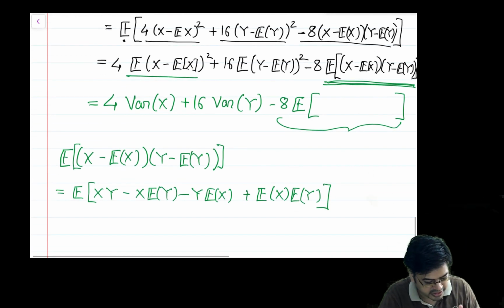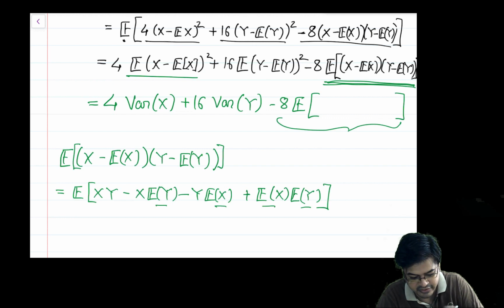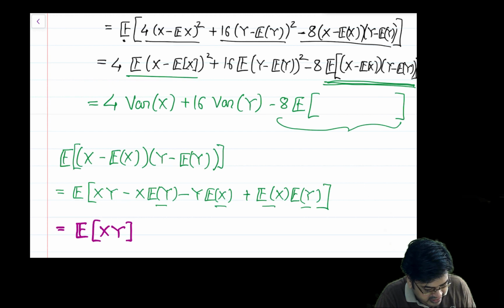Now, expected value of y and expected value of x are all constants, so I am not worried about those constants. I can rewrite this as expected value of xy minus expected value of x into expected value of y, and the same is the story with the second term.